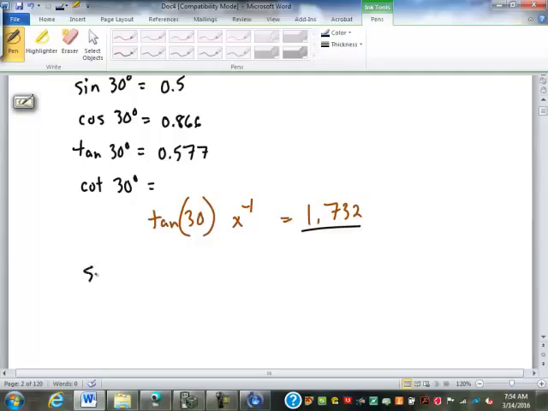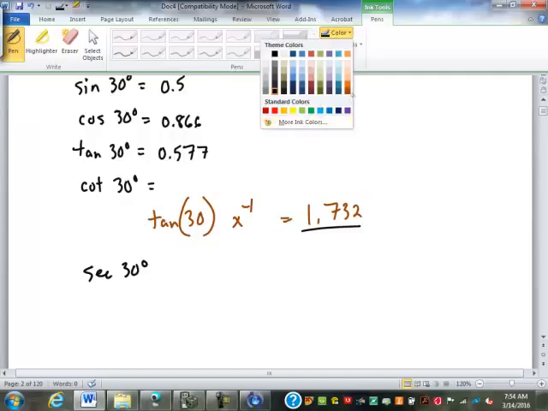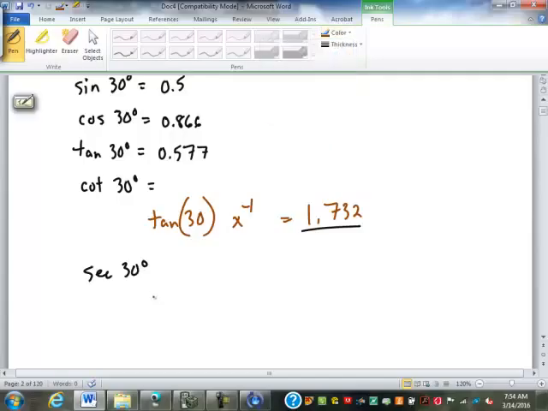How about secant of 30 degrees? Secant goes off of what function? Cosine. Very good. It's easy to remember tangent and cotangent, but secant goes with cosine. So you're going to do cosine of 30, close your parentheses, and then hit that reciprocal key. Should be 1.15.